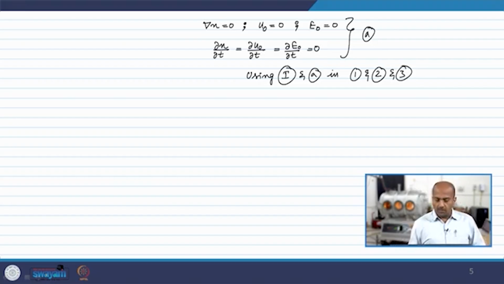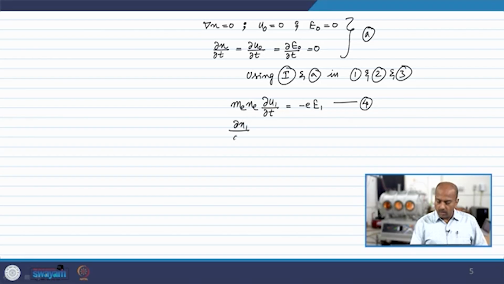So, this is simple algebra. I am going to substitute the variables and write m_e n_e dou u1 by dou t is equal to minus e E1. We call this equation 4. Dou n1 by dou t plus n naught times del dot u1 is equal to 0. This is equation 5.